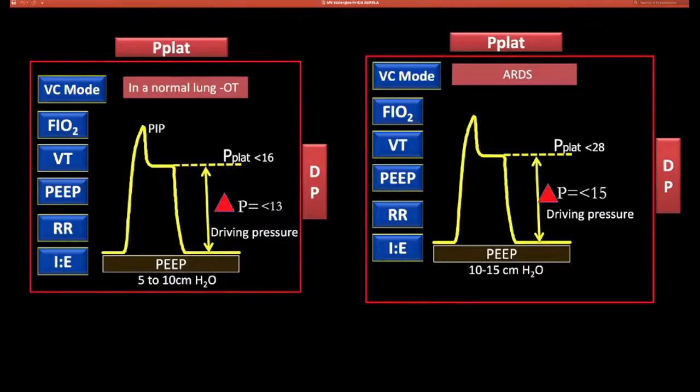So the only way to keep the P-flat less than 28 is to keep reducing the tidal volume. The most important thing that you have to manage is the tidal volume. All the studies across the board have proven that tidal volume reduction decreases mortality. And also a moderate PEEP of 5 to 10 in the normal lung and 10 to 15 in ARDS. Most of the cases can be managed with 10 to 15 PEEP.